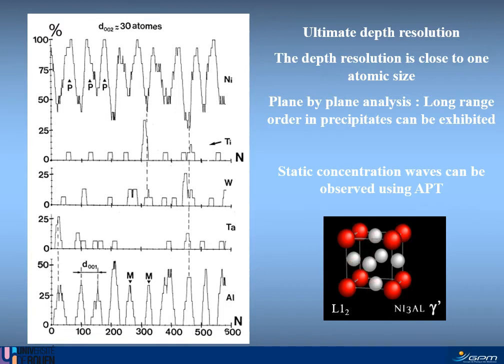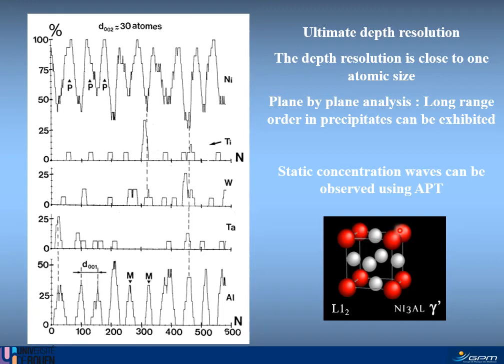So clearly, if you investigate this phase along the 001 direction, you will have mixed planes containing both aluminium and nickel, alternating with nickel enriched planes composed of only nickel, if it is a binary system with only nickel and aluminium.